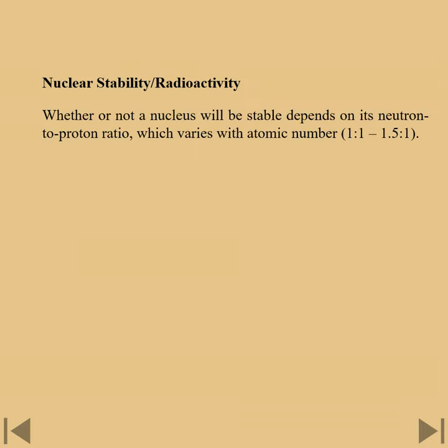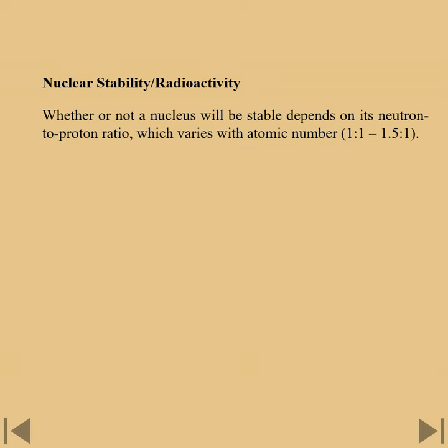Now, I talked about stable versus radioactive isotopes, and normally we would find stable nuclei within a neutron to proton ratio of 1 to 1 up to 1.5 to 1. We find at the smaller end of our periodic table, we usually have about a 1 to 1 ratio.